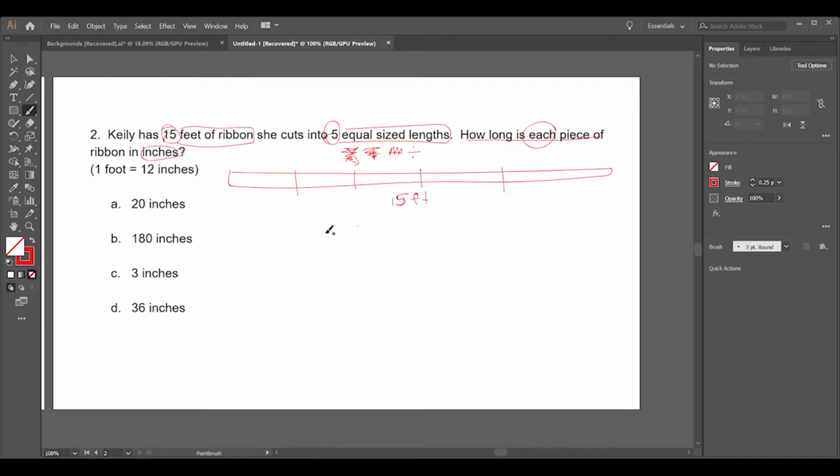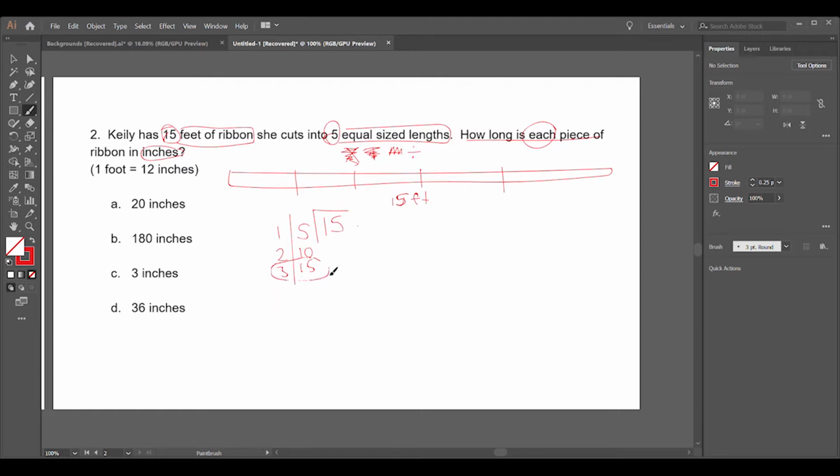First things first, 15 feet divided by 5. And let's see, 5, 10, 15. Well, there's our multiple, so I can stop there. 5 will not go into this 1, but 5 will go into this 15.